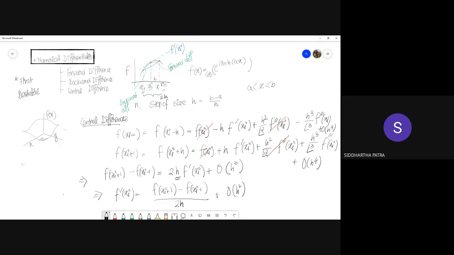When it was forward or backward difference, you were evaluating the derivative at one of the ends. As compared to central difference, where you are taking the two data points at twice the gap, but then you are evaluating the derivative in the middle, at the midpoint.